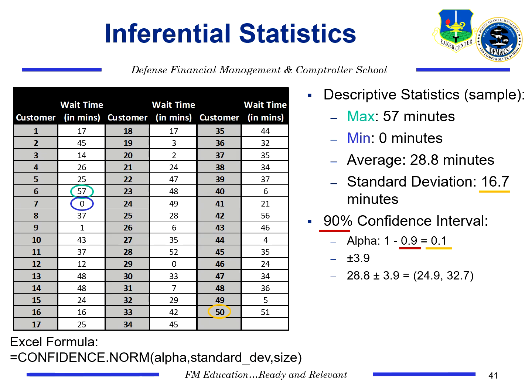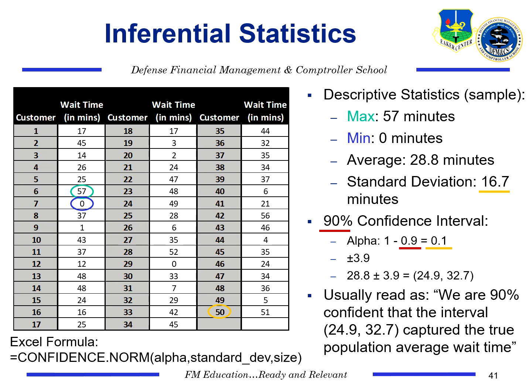With that 3.9, we're going to then calculate out the range of our 90% confidence interval. So what this says is we are 90% confident that the interval 24.9 to 32.7 captures the true population average wait time.